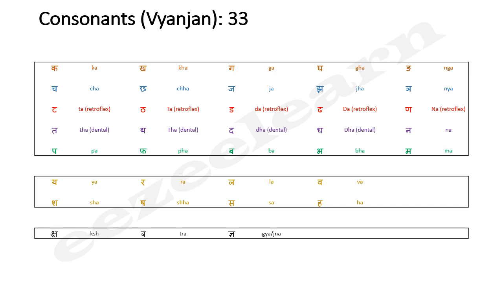In this, the first is the Ka series. Ka, Kha, Ga, Gha, Nga. And the next one is Cha series. Cha, Chha, Ja, Jha, Nya.